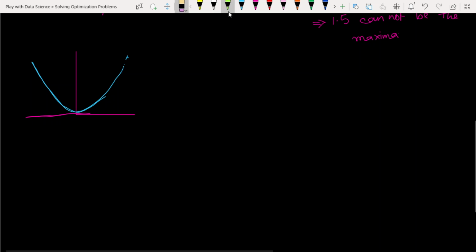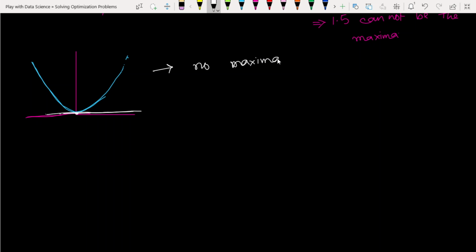You can see that in this graph we cannot find a maximum value, but we can easily find a minimum value, at this point. So if we conclude, here we have no maxima, and we have a minima at x equals 0. Here at x equals 0 the minimum exists.